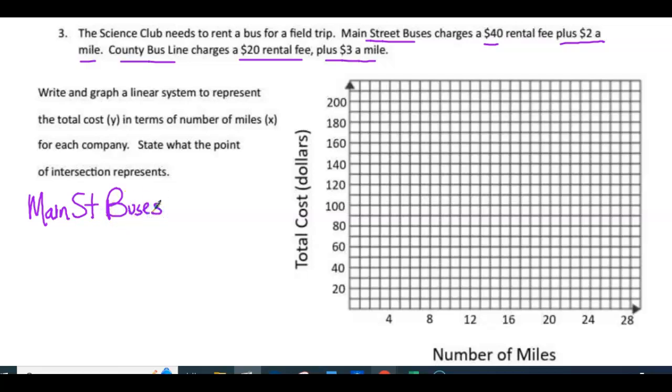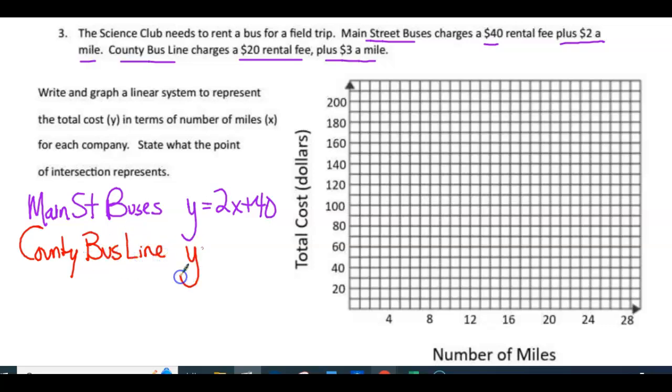Main Street buses should be y equals 2x plus 40. Then you need to have County Bus Line. County Bus Line is y equals 3x plus 20. We got to graph these, so you need to know what your point of intersection is.